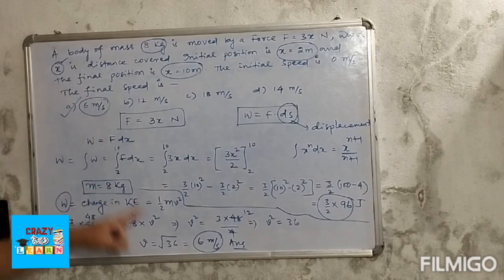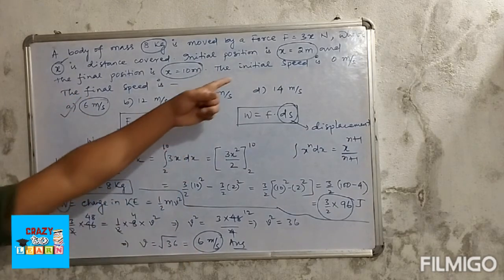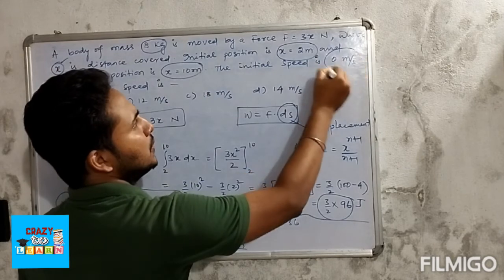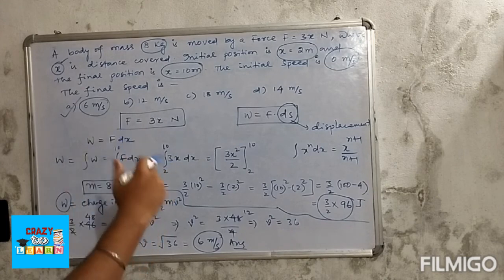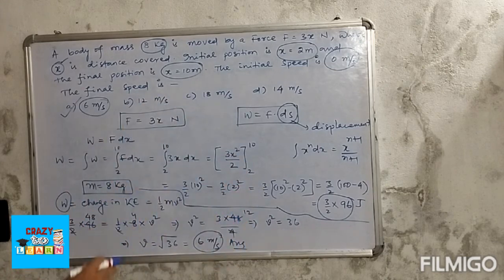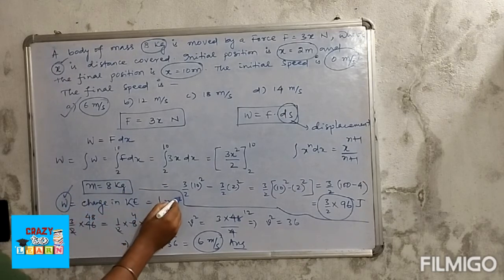The final speed, as the initial speed is given to you as 0, so at the initial position the body is at rest. After that the final speed is asked to you to calculate. So the work done W is equal to the change in kinetic energy, which is half mv square.